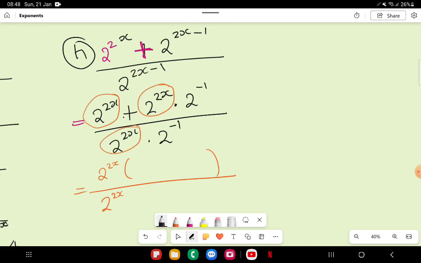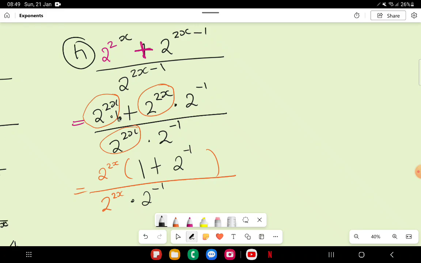So on my numerator, this first term is times 1. So I have 1 left here. I bring down the plus, 2 to the power of negative 1. And then this at the bottom ends up being just times 2 to the power of negative 1. Okay. Can I take out 2 to the power of negative 1 as a common factor? The answer is no, because I don't have 2 to the power of negative 1 in the first term in the numerator.